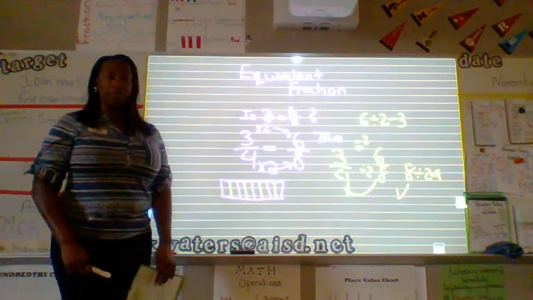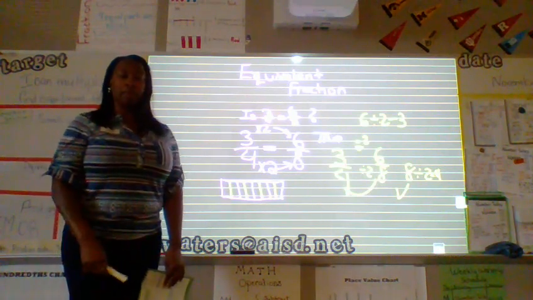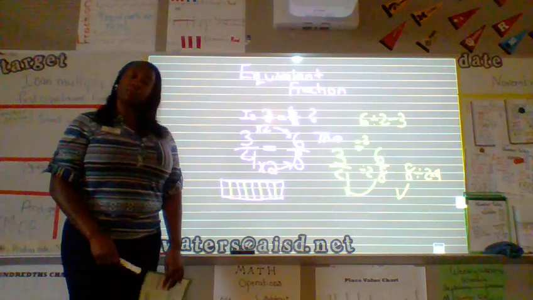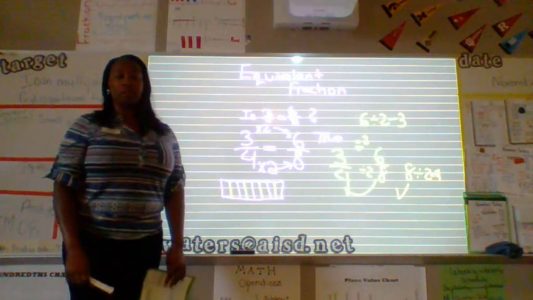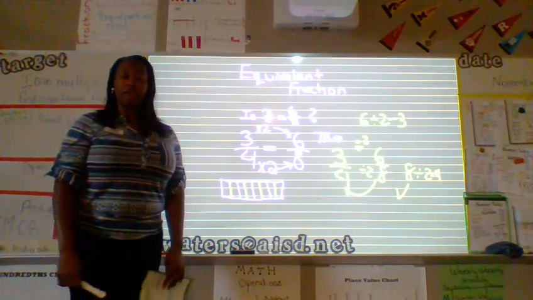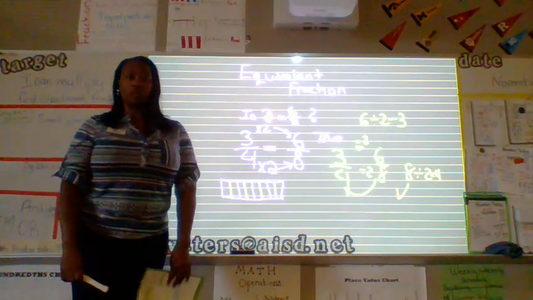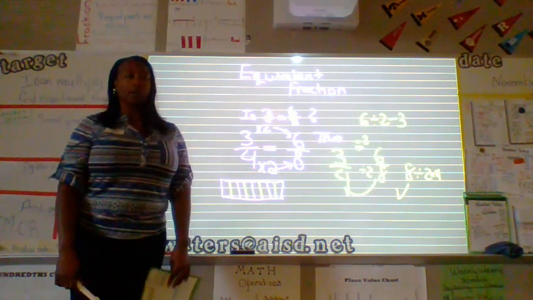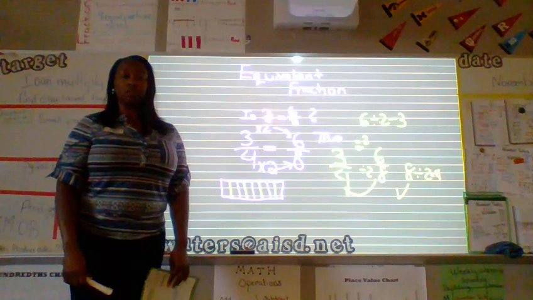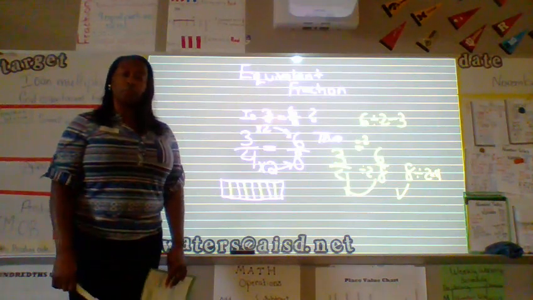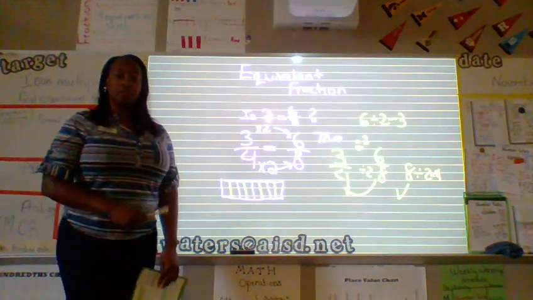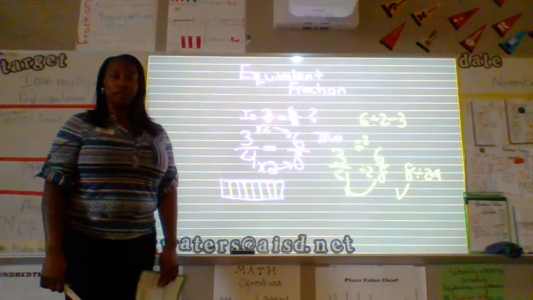And here's an example of using multiplication and division to determine if two fractions are equivalent. There's a worksheet that you'll do where you're looking for equivalent fractions, and you can use this method to help you find equivalent fractions.